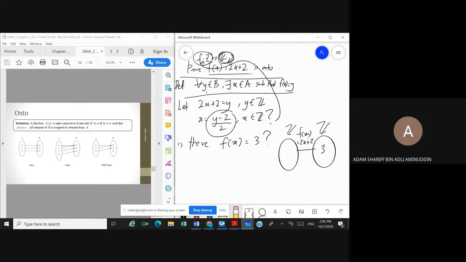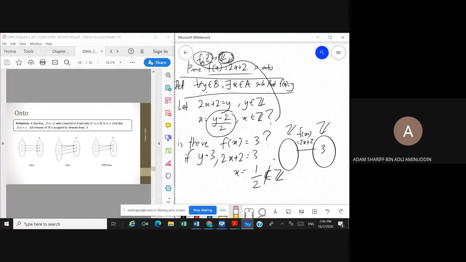Let me prove to you. If y equals 3, then 2x + 2 = 3. This x is 1 over 2. 3 minus 2, 1 over 2. 1 over 2 is not an integer.